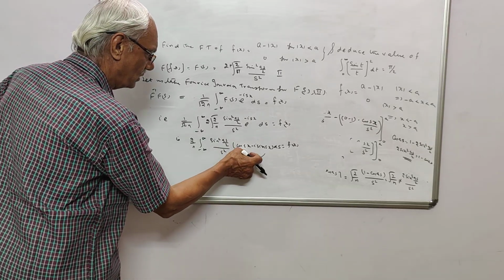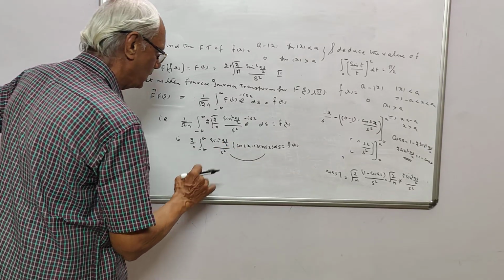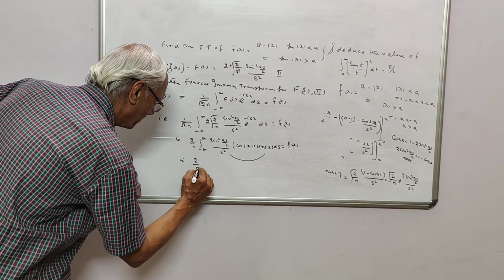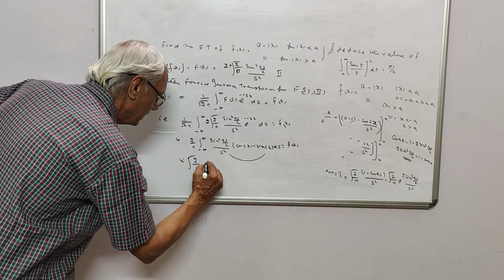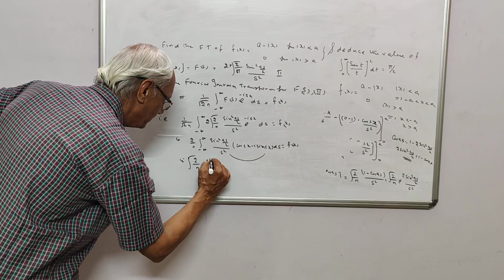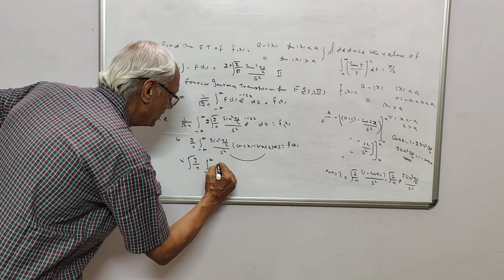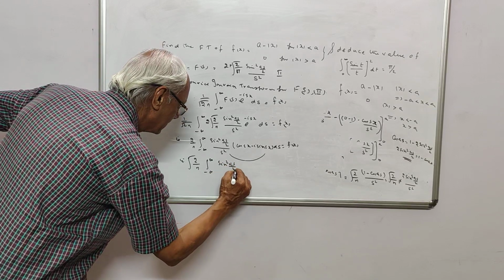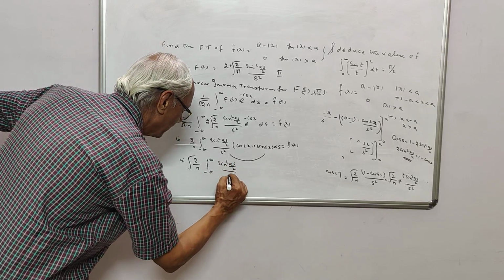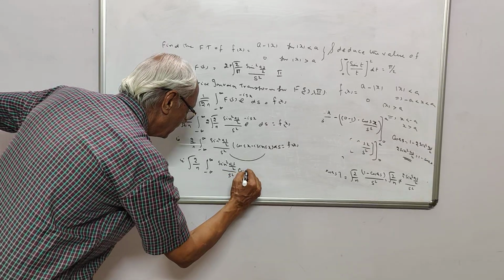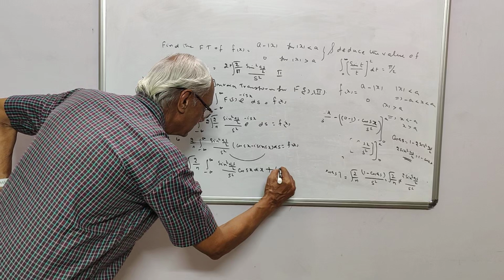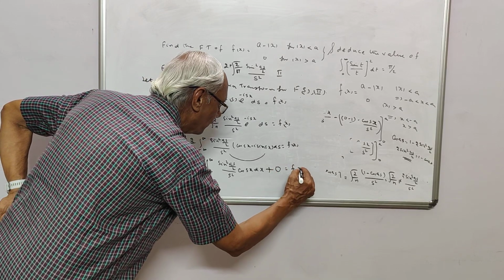Whereas here this is a cos function, so you will be left only with this. I will write here 2 by pi, the integral from minus infinity to plus infinity of sine squared as by 2 divided by s squared into cos sx ds, plus 0, is equal to f of x.